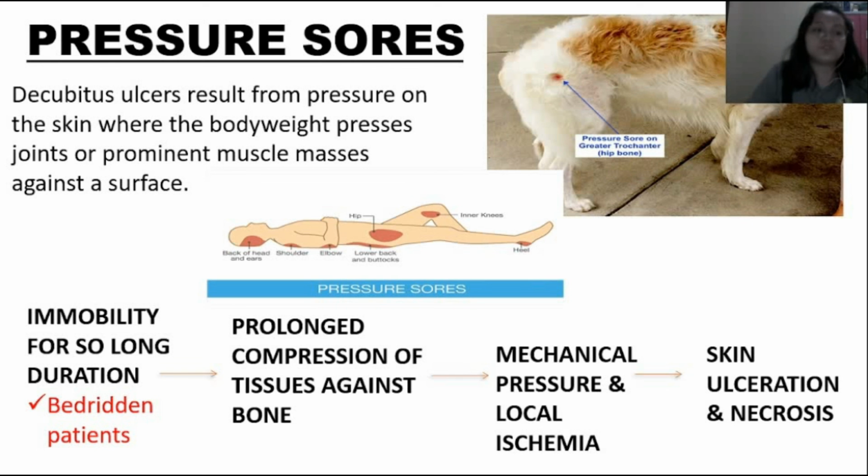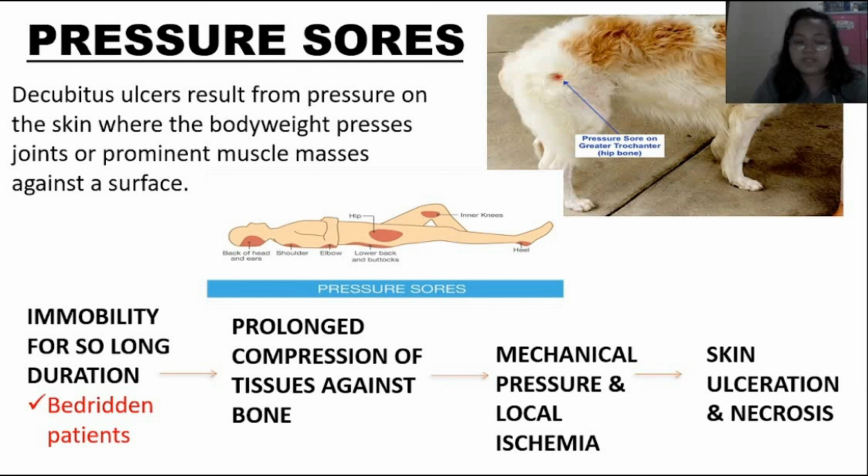And next is pressure sore. Pressure ulcers, also called decubitus ulcers, are injuries to the skin and underlying tissue because of prolonged pressure on the skin. Whenever patients are immobilized for a long duration, particularly bedridden patients, sores often occur on the shoulder blades, hips, tailbone, lower back, side or back of the head, heels, and ankles.